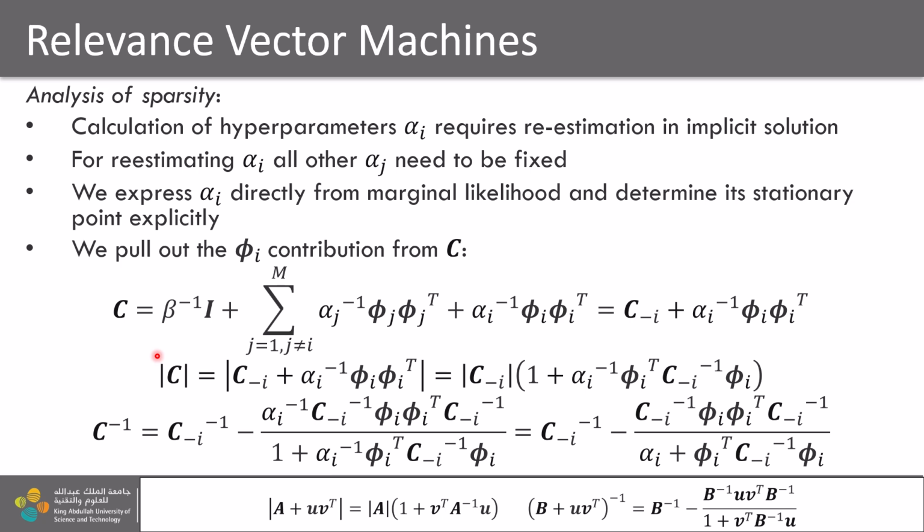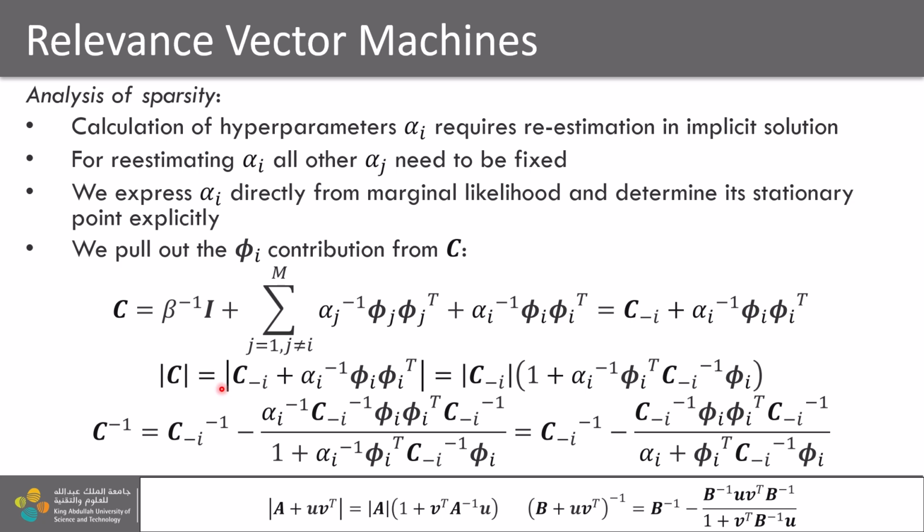We will come to that. Just before that, we need to express some variables or quantities, for example the determinant of C is equal to the determinant of what we have just defined here.